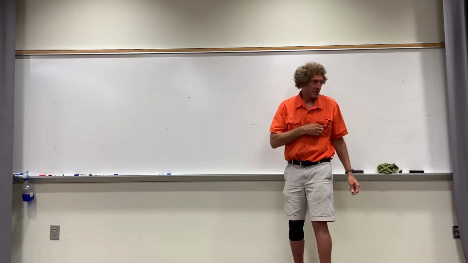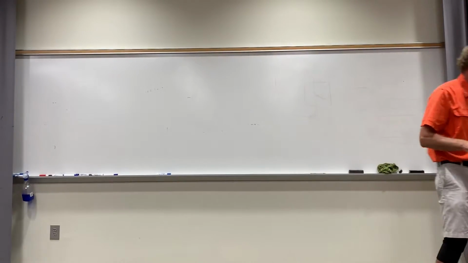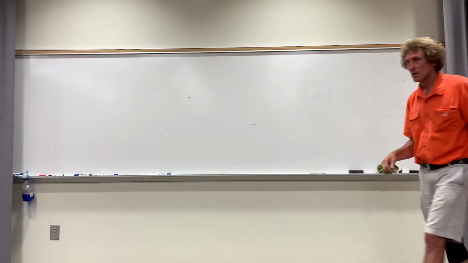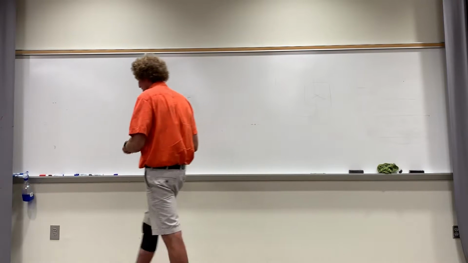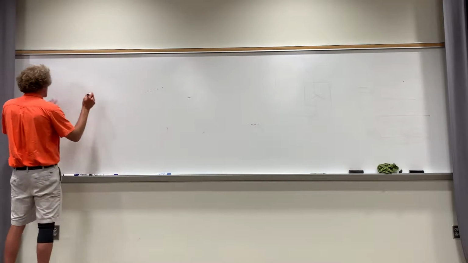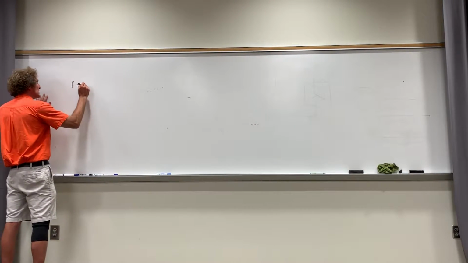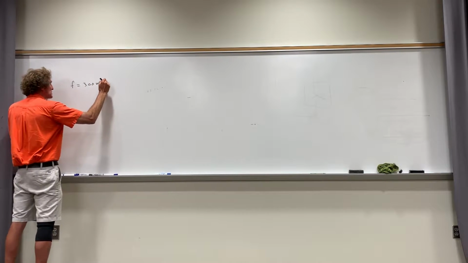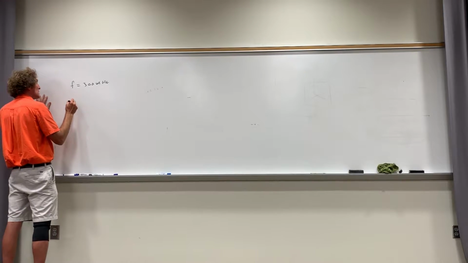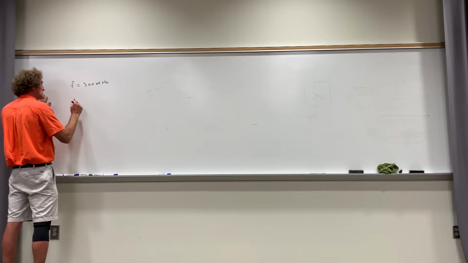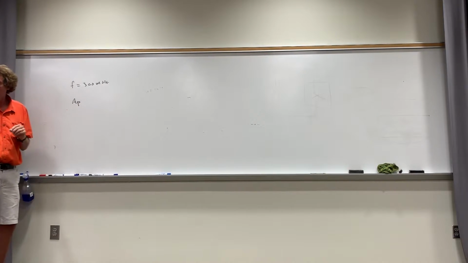All right, what about the next problem that I gave you? The maximum effective aperture of a half-wave dipole operated at 300 megahertz. So the frequency is 300 megahertz, and they want the aperture, maximum effective.